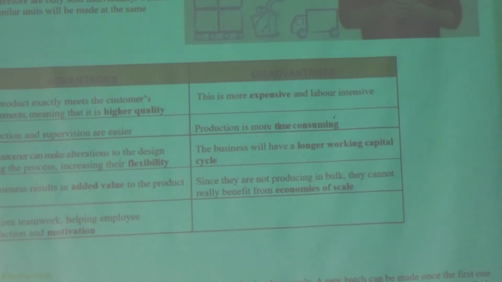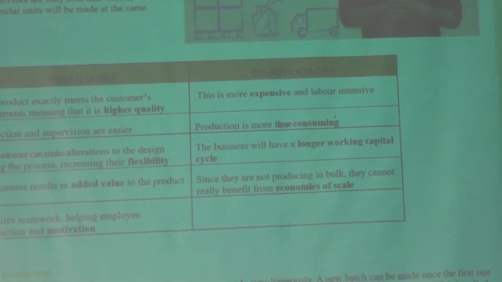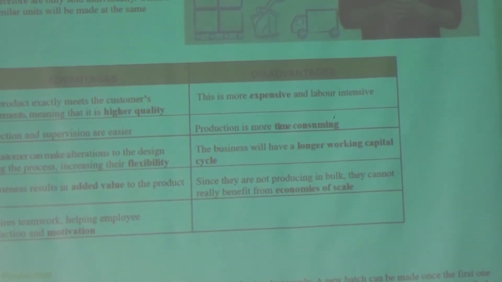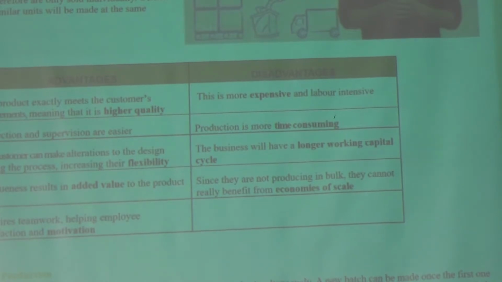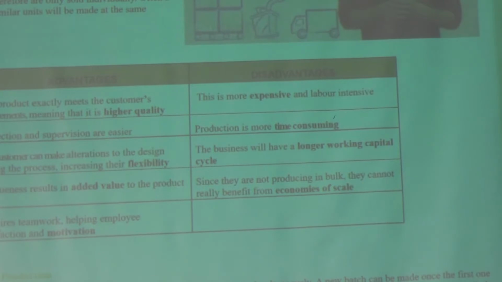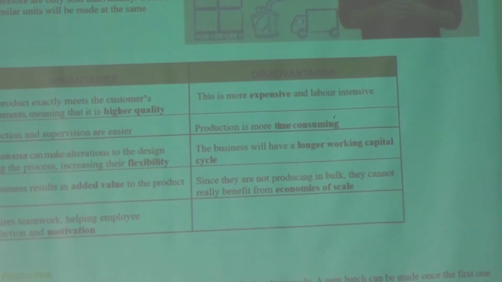The customer can alter, or there's some flexibility within the process, and the unique results end up giving it added value for the customer who does not mind paying a premium price.